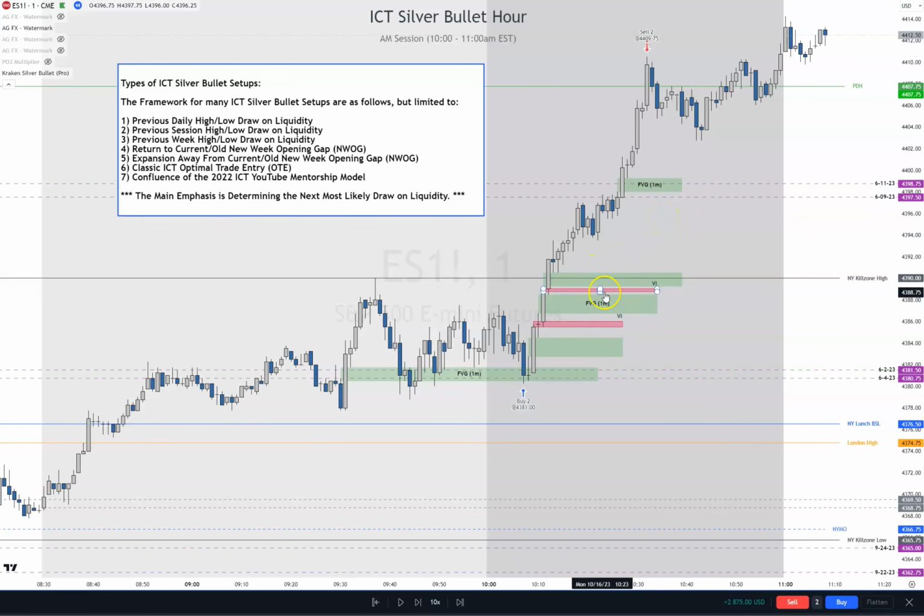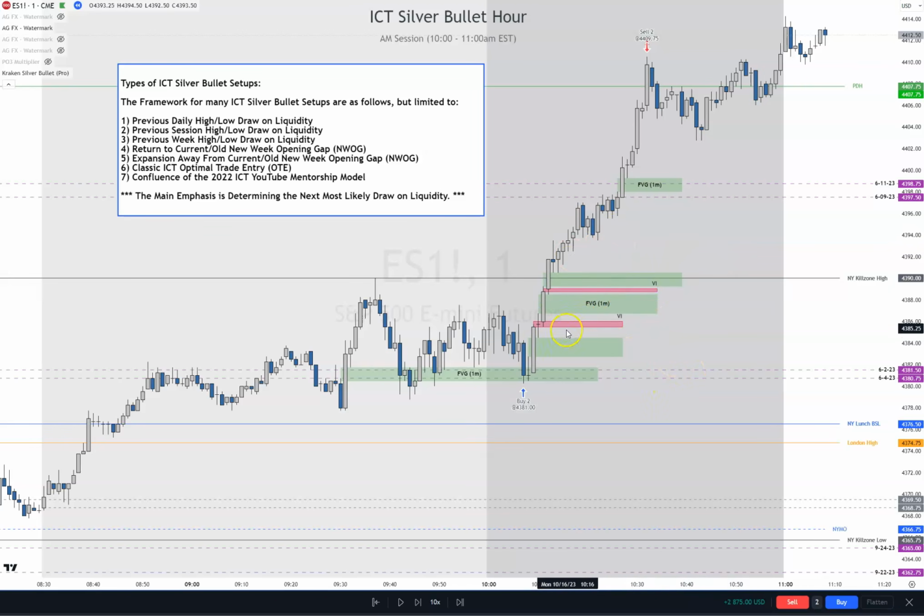One reason I really like doing that is because I like to let my runners run, at least try to let my runners run. Because if you just do your targets, you take a partial and break even, or you just let it take you out here, you're missing more moves. And what about the ones that, say you stopped right here, your target was right here, you missed all of that. And if you just would have followed the 3 PDA rule, you were safe the entire way up, unless it went down and took you out.